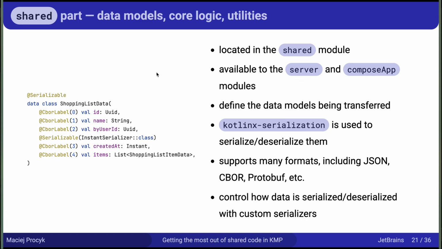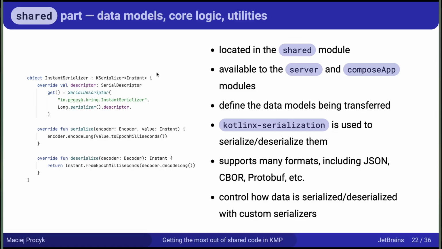For example, here I provided a custom serializer for the Instant, which is by default serialized as those ISO values, so a string value, and I wanted to serialize this as a simple long value, which Instant actually is.